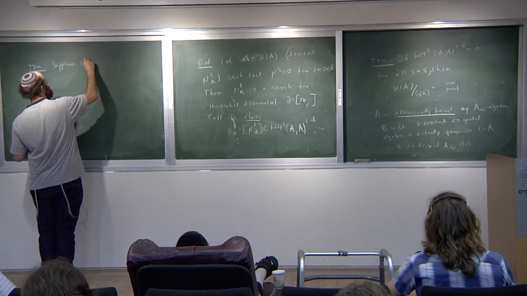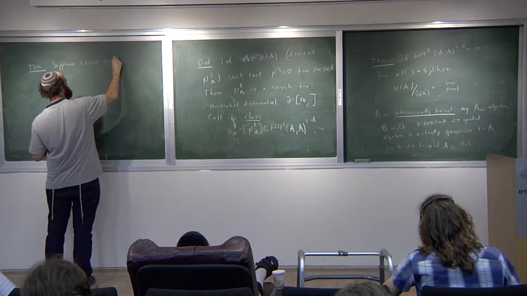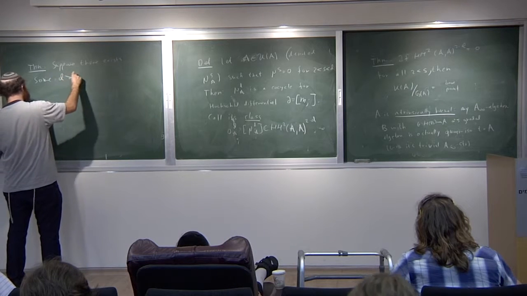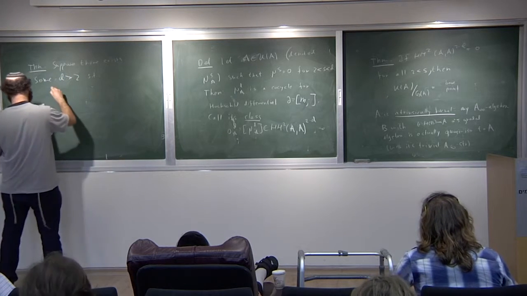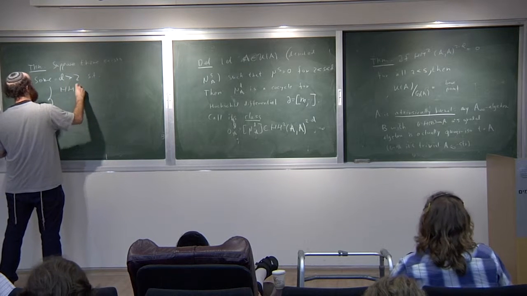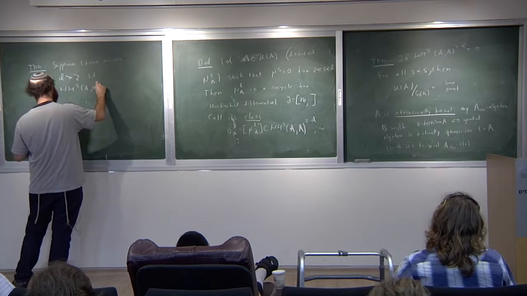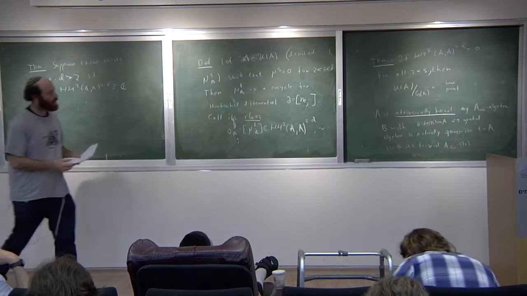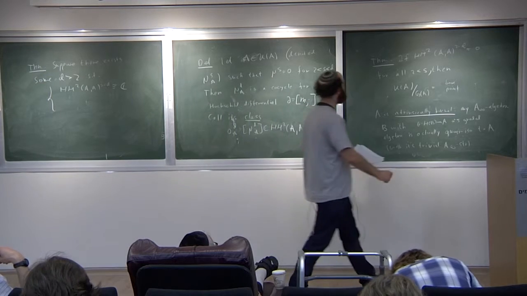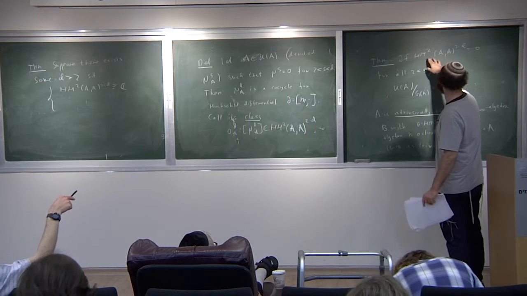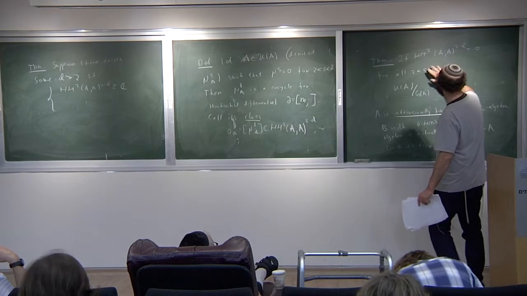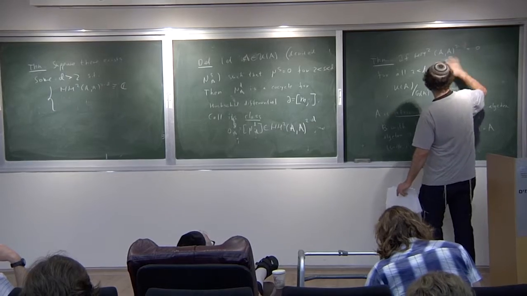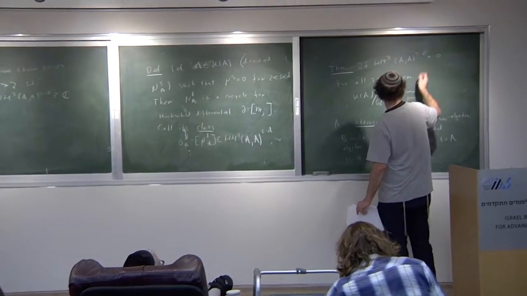Suppose there exists some D bigger than 2 such that HH2 A 2 minus D. I think the hypothesis of the theorem is the second Hochschild cohomology, HH2 2 minus S. You need to go for S up to D or something?